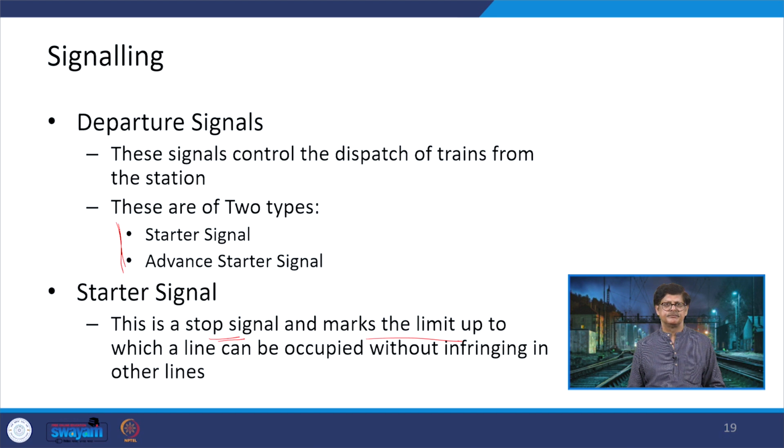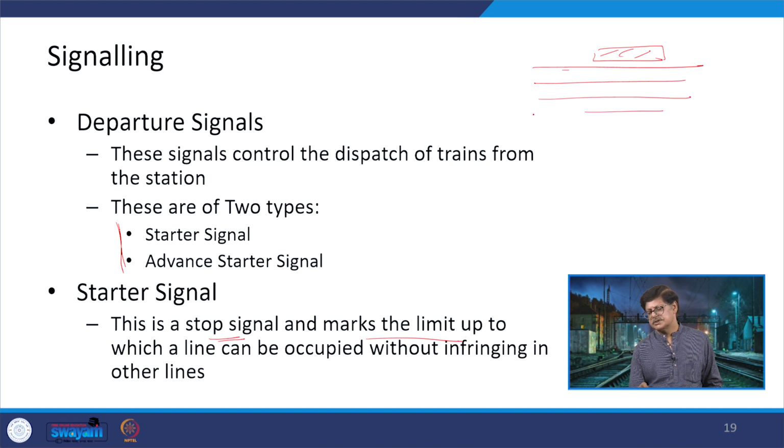So, you have a platform and then there is a track here. Now, this track, and then there can be multiple tracks here. See, this is a condition and then there is another platform on this side.